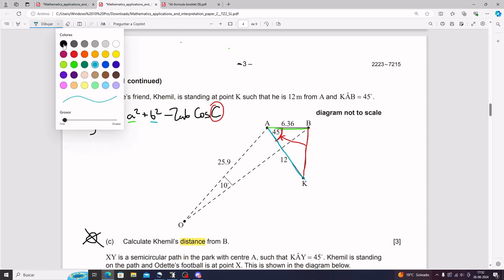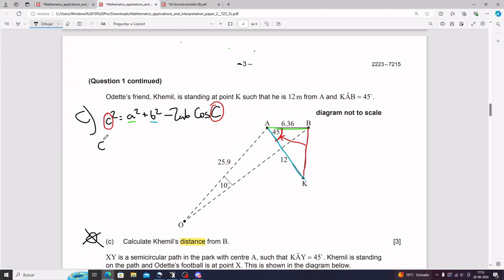So if you go ahead and plug in from here, clearly you end up with c squared equals 6.36 squared plus 12 squared minus 2 times 6.36 times 12 times cosine of the angle in red. See, so 45.